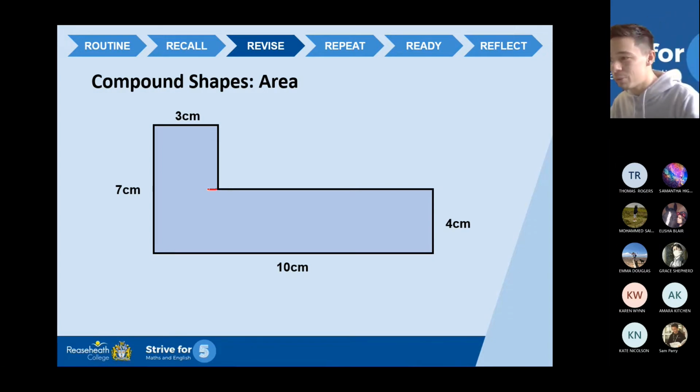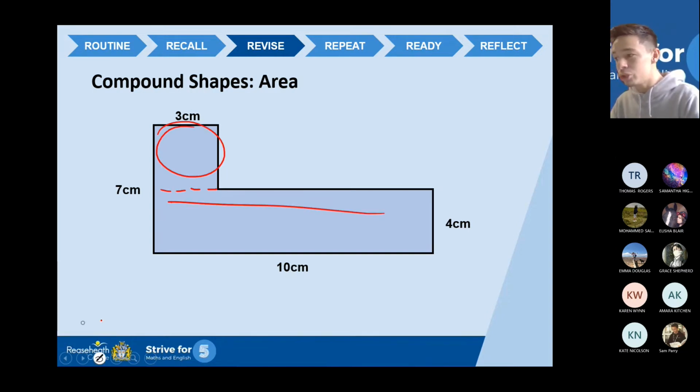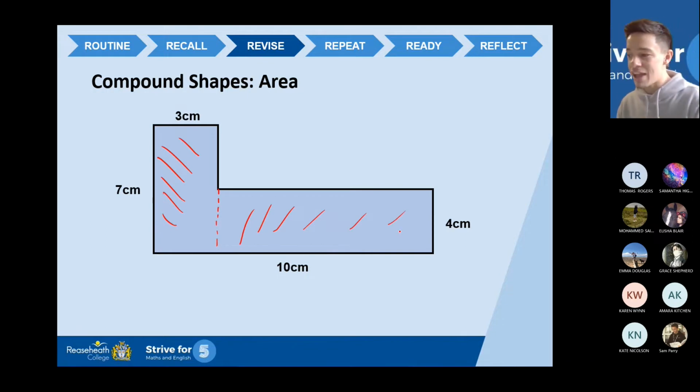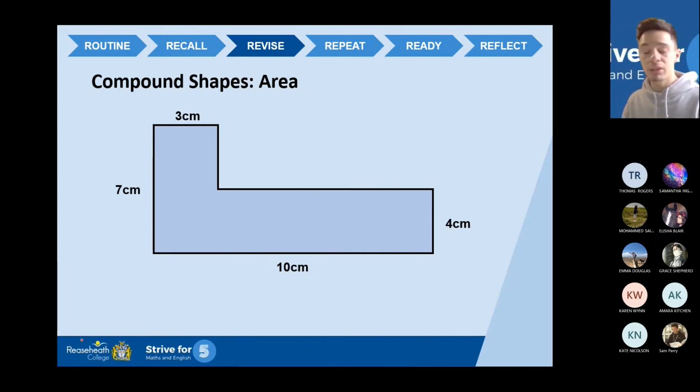You can either do it this way, by splitting the shape up like that, so you've got a shape here and this shape here, or you could do a line down this way, and then you've got this area here and this area here. It's completely up to you, whichever way you feel more comfortable with regards to the numbers you've been given, okay?